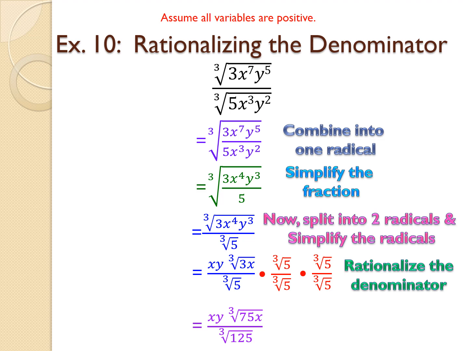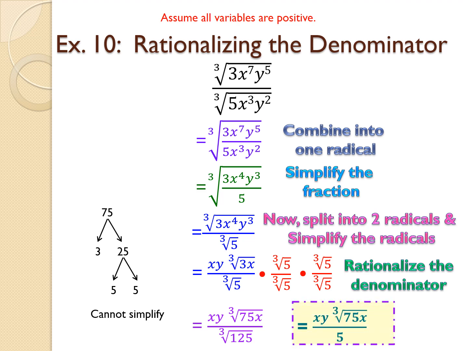He's done about as much as he can do. But can I simplify 75? No, because there's not 3 of anything. I have one 3 and two 5's, so that's not going to work. But I do know the cube root of 125 is 5. And that is as far as I can go.